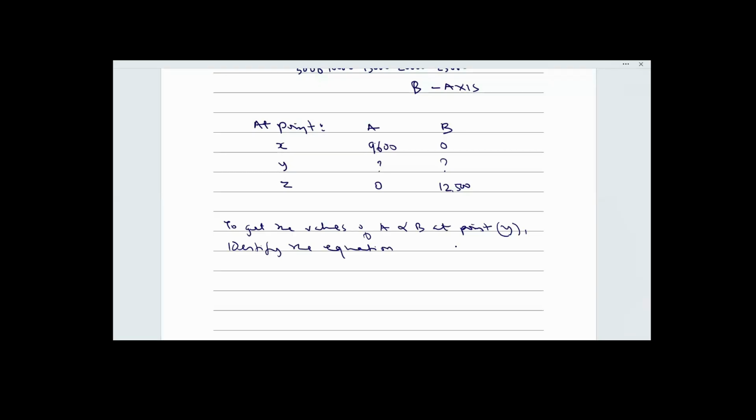Just identify the equations from the graph that intersect at Y and begin to solve them simultaneously.